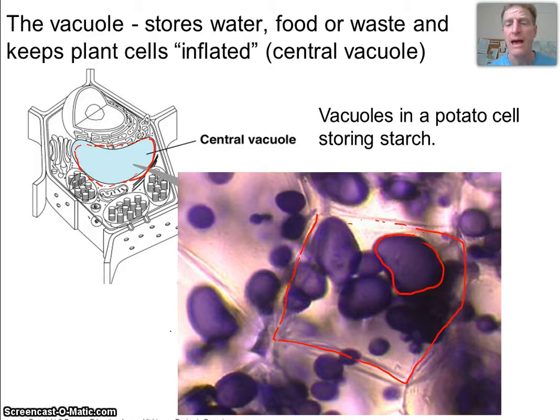These are actually called amyloplasts. They contain starch, and we add iodine to the potato cells so that it turns them purple, and they're easier to see. Vacuoles might store water in a plant cell, or in animal cells, they might store food or waste, but these are like the storage containers within the cell. They store things.